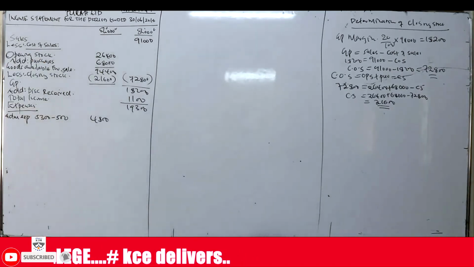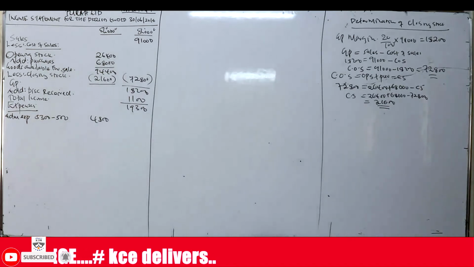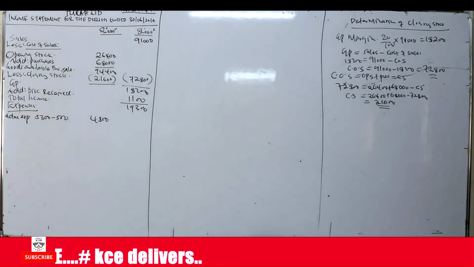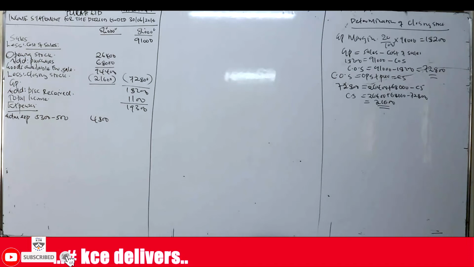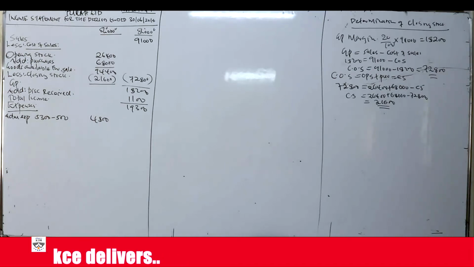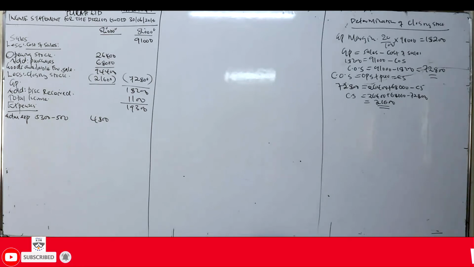Do we understand each other? So we go to note number 2. Insurance was paid on 1st July 2015, and it covers a period of 3 years in equal installments from that date. So it covers a period of how many years? 3 years. So we divide by 3.